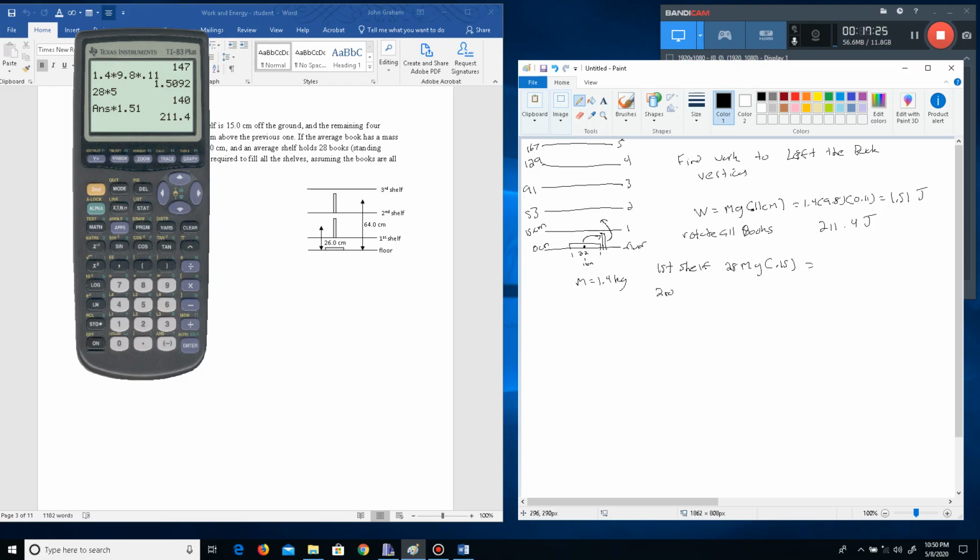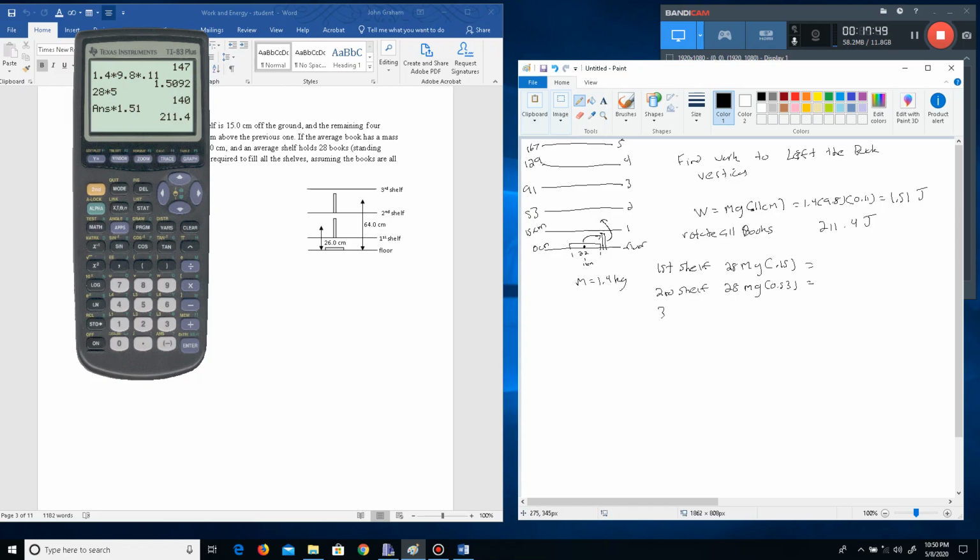Then the second shelf, it's going to be 28 books. Mass and gravity are the same, but you're lifting it from 11 centimeters to 64 centimeters, which is going to be a whole 53 centimeters. So we're lifting it 0.53.